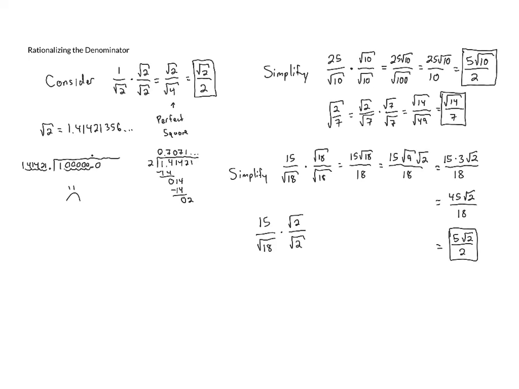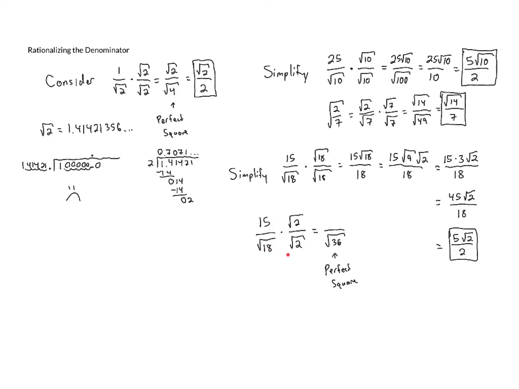Now, why does that help us? Because in the bottom, 18 times 2 is 36, which again is a perfect square. While it's true that multiplying 18 by itself gives us a perfect square, that gives us one that's much larger than we need, which then causes us to have a lot of reducing that we have to do.